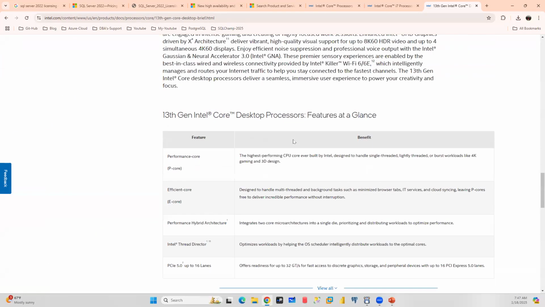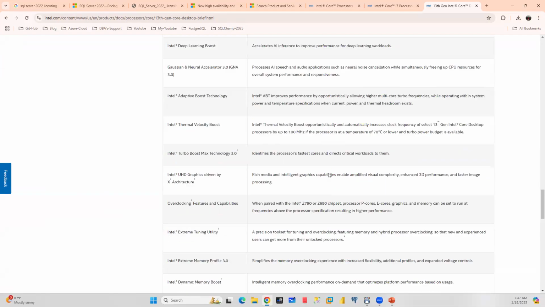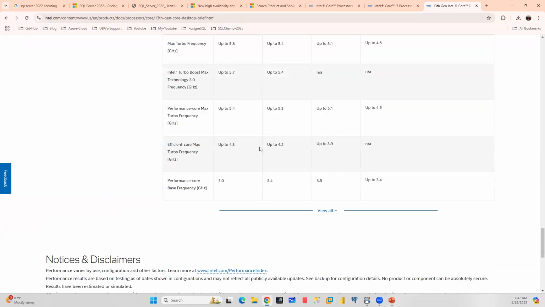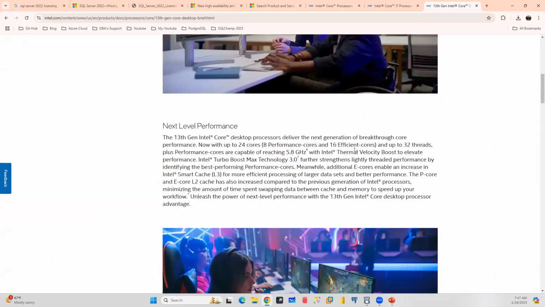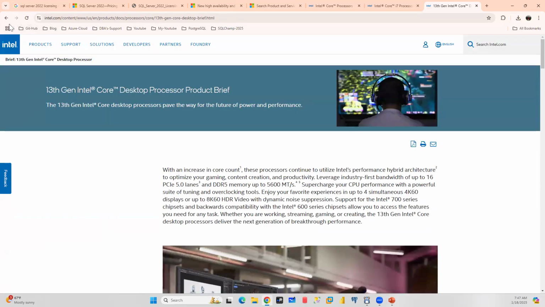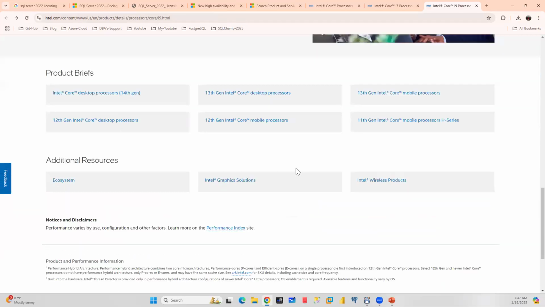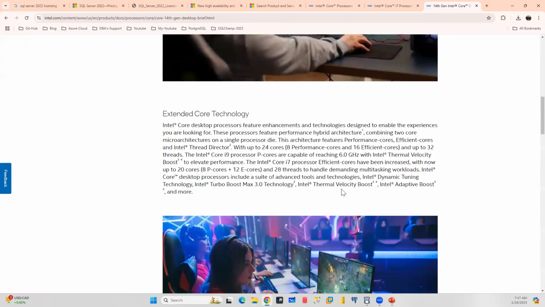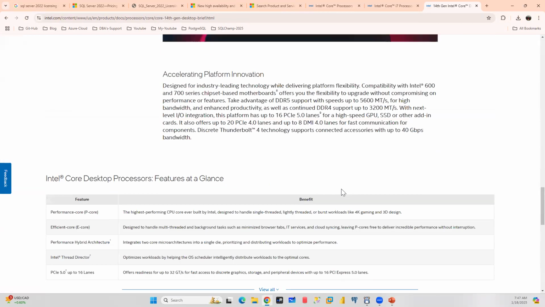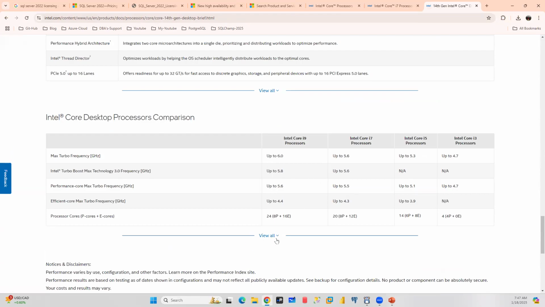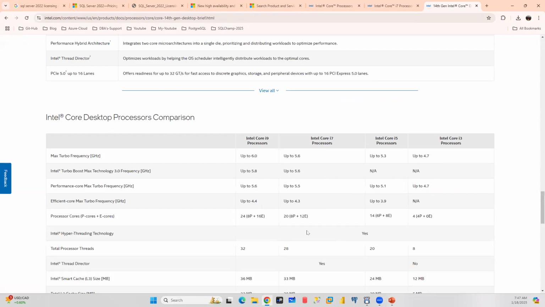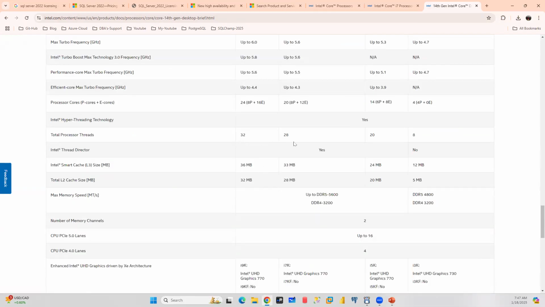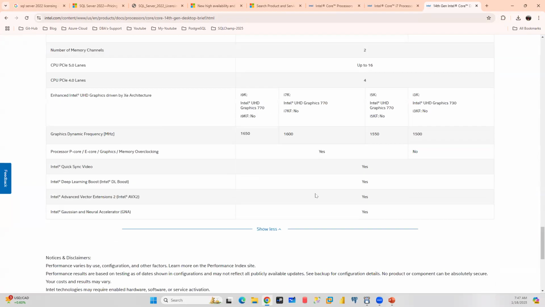And I want to show you how many cores you will get. See here, 12 cores, 32 cores, 28 cores, 20 cores, like this. I wanted to display it in the simplest way.